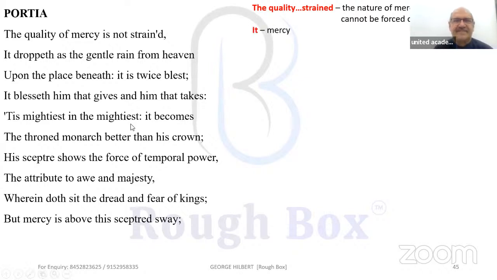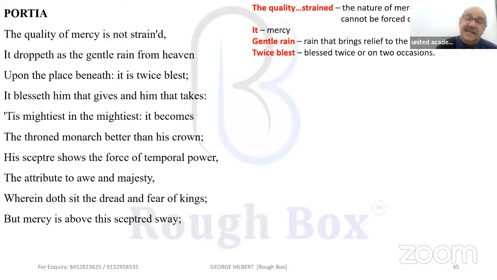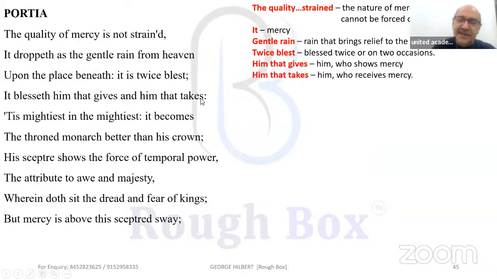It is twice blessed. Mercy is blessed on two occasions. How? It blesses him that gives, that person who shows mercy, and him that takes, that person who receives mercy.